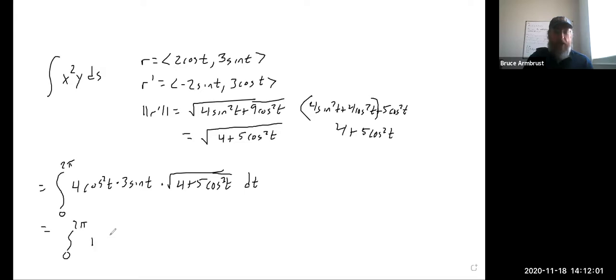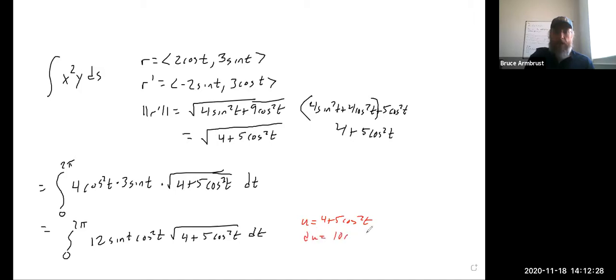Because check this out. If I've got 12 sine cosine squared times the square root of 4 plus 5 cosine squared, I can just type this into my calculator. That's not a big deal. But if I was going to try to do it by hand, this is where you're going to want to let u equal 4 plus 5 cosine squared. So du is going to be 10 cosine minus 10 cosine sine.